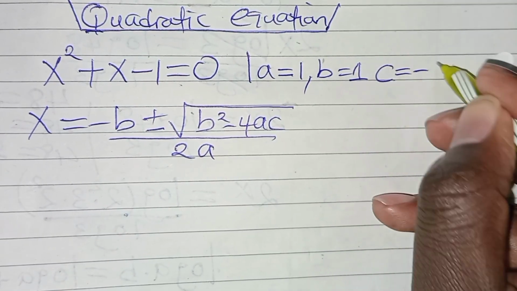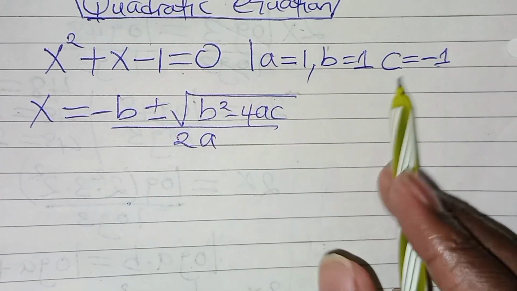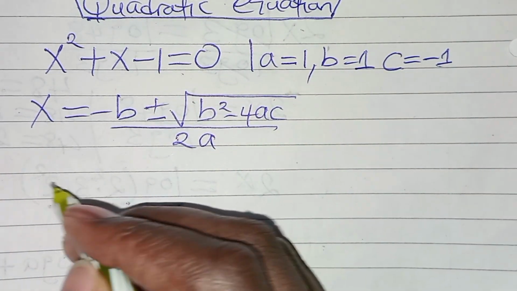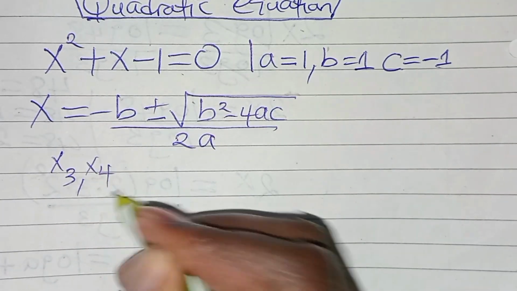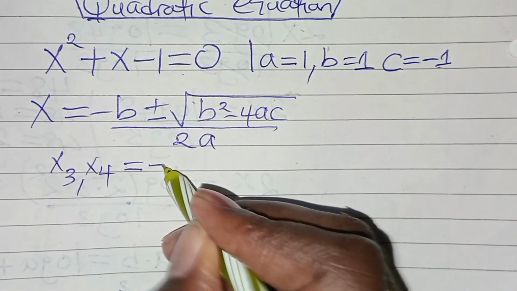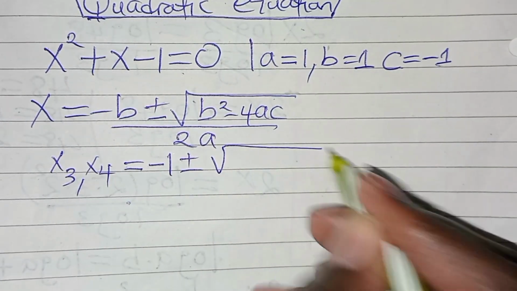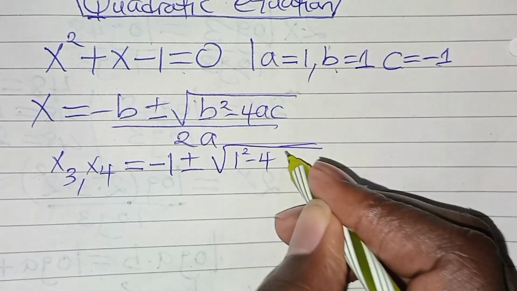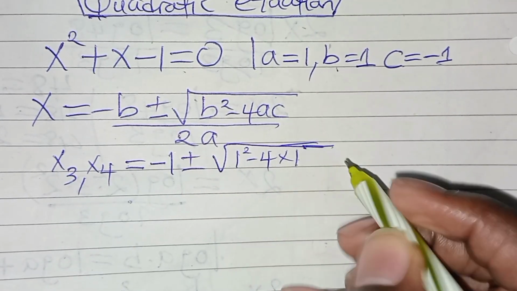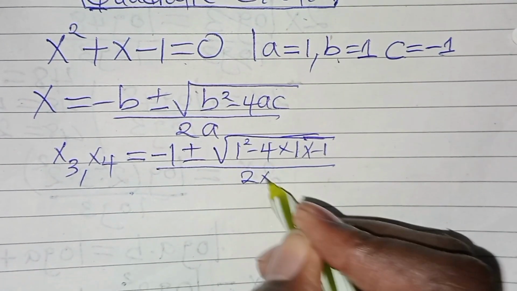c equal to negative 1. So let's substitute these values here. x3, x4 is equal to negative 1 plus or minus the square root of b squared, which is 1 squared, subtract 4 times 1 times c, which is negative 1, all divided by 2 times 1.